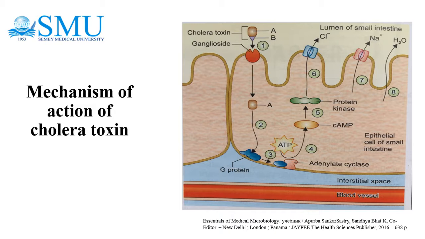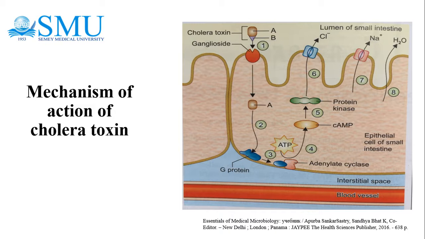It resembles heat-labile toxin of Escherichia coli in its structure and function, but it is more potent than the latter. Mechanism of action of this toxin. The toxin molecule is about 85 kilodaltons and consists of 2 peptide fragments, A and B. Fragment B is the binding fragment and is pentameric, containing 5 subunits, each weighing 11 kilodaltons.